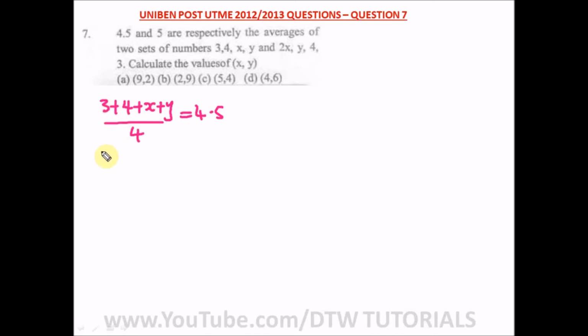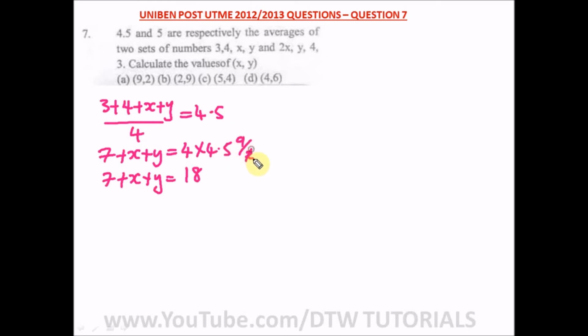Okay, so let's simplify this. Here we're going to get 7 plus x plus y, and 4 times 4.5. So 7 plus x plus y is equal to, what's 4 times 4.5? That would give us 18, since 4.5 is 9 over 2.